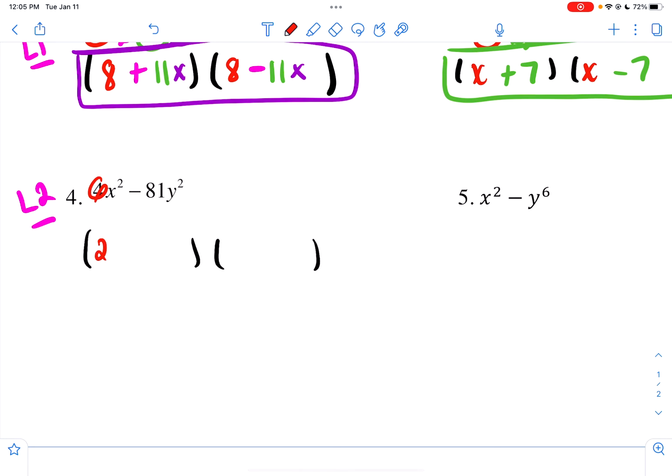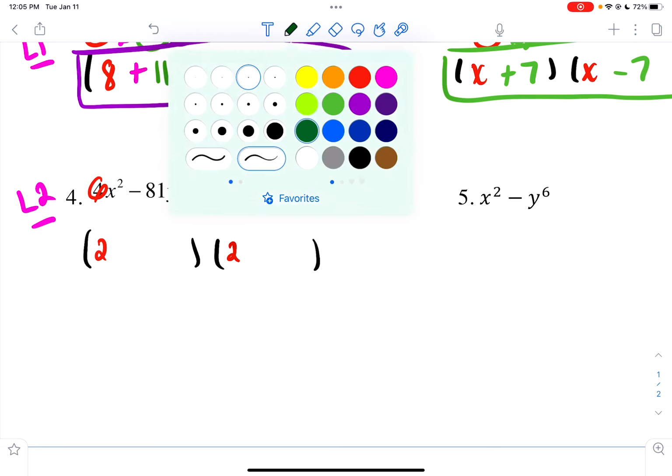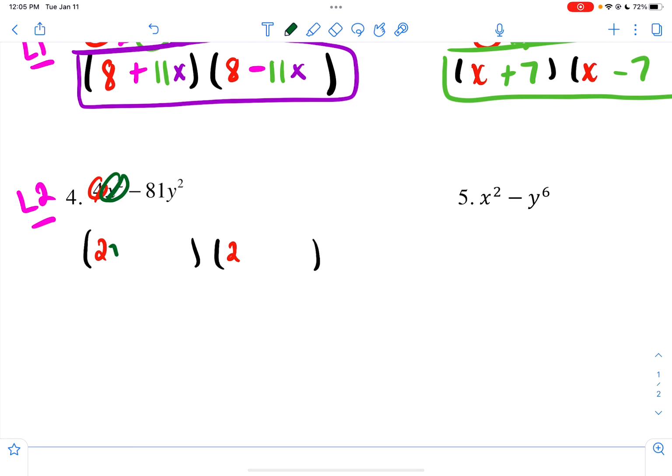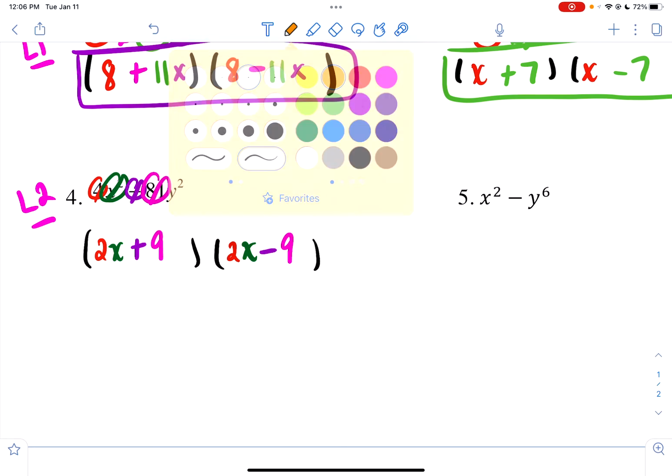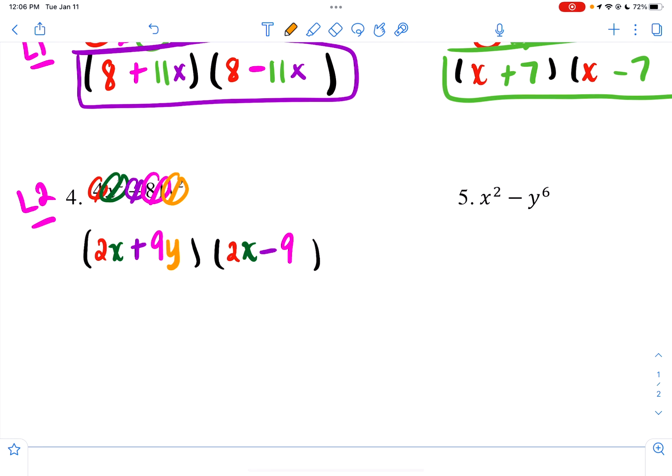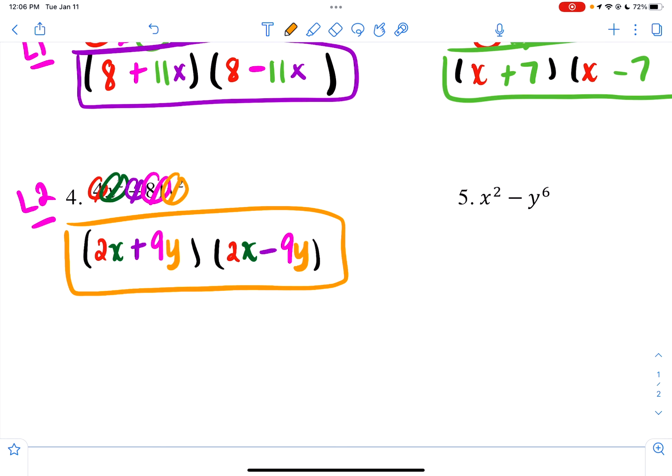What makes x squared? x and x. I now have a plus minus. What makes 81? 9 and 9. And then what makes y squared? y and y. So that is my final answer.